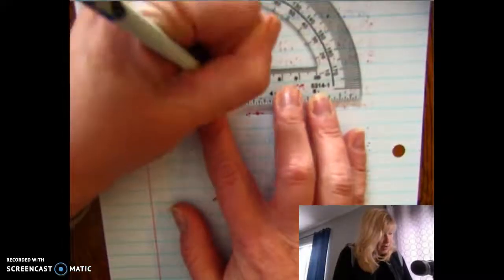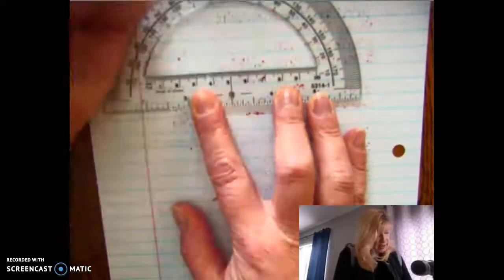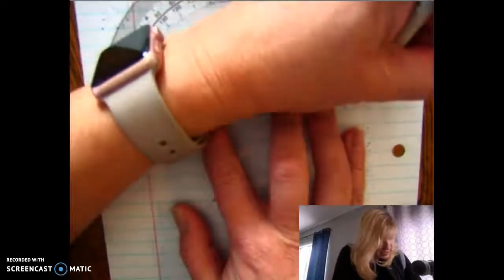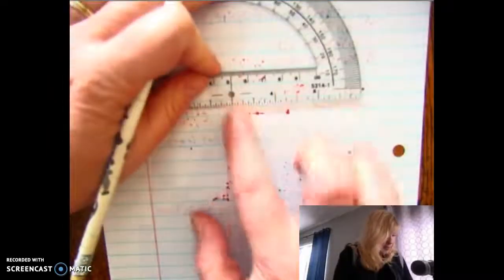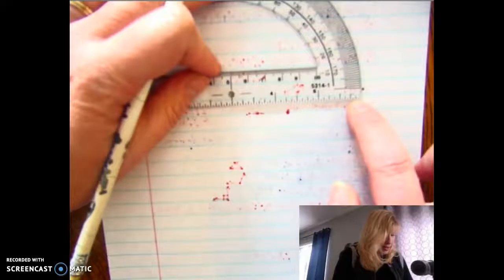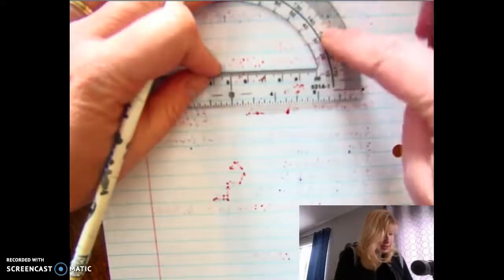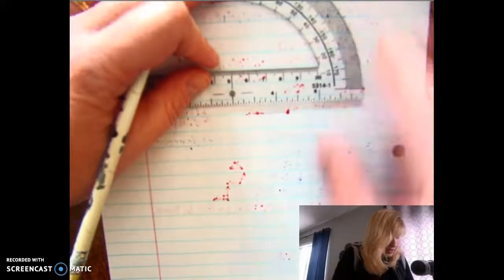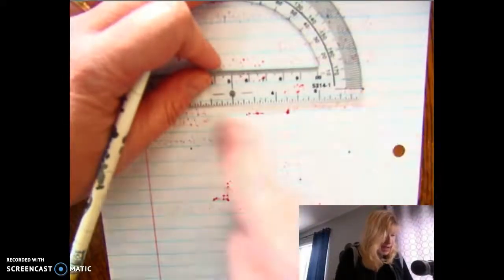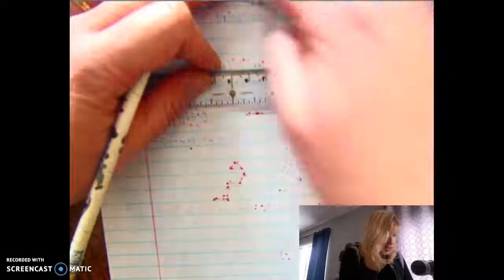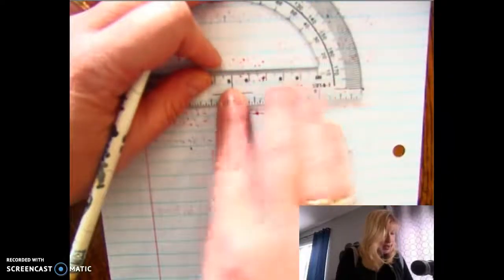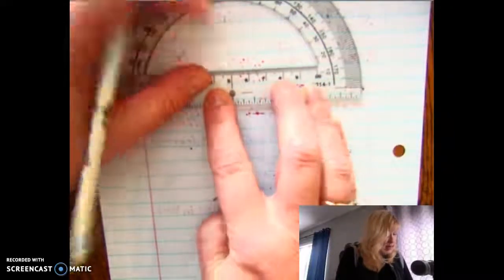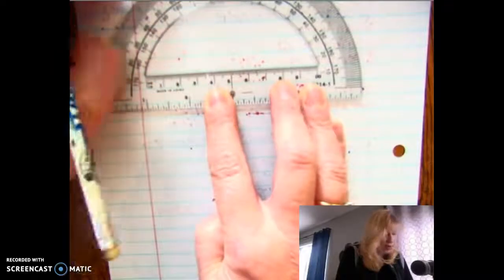No matter what you do when you start, put your dot in the middle and then put your dot at the 0. What happens is if you go down here, you're going to be off because the numbers start measuring from right here. So you're adding more degrees when you put that dot up here. Let's do an angle with the measure of 140.